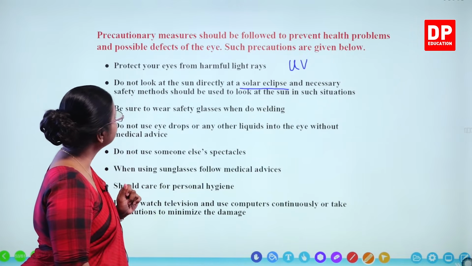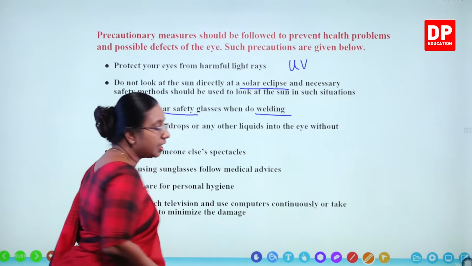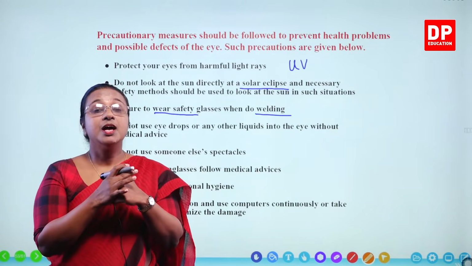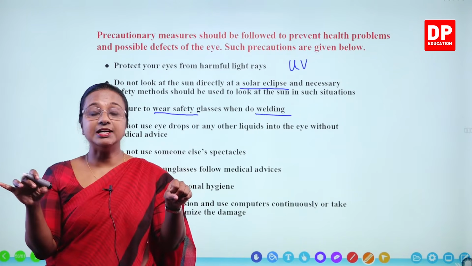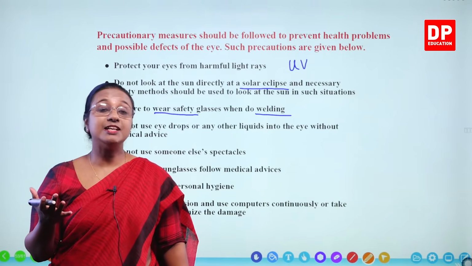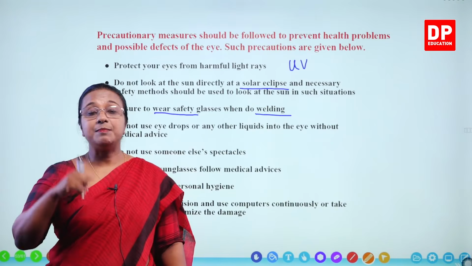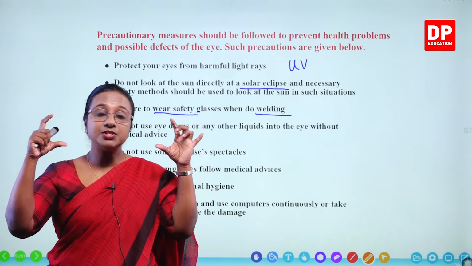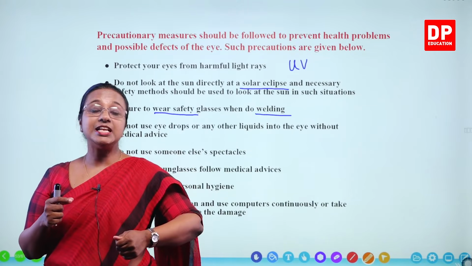Be sure to wear safety glasses when you do welding. You know what welding is. When they want to fuse or fix two metals together, two steel objects together, they use the oxyacetylene flame. That's a very bright flame. And you all have seen people when they do this welding process, they wear goggles or safety glasses, or else they hold a safety shield in front of them.